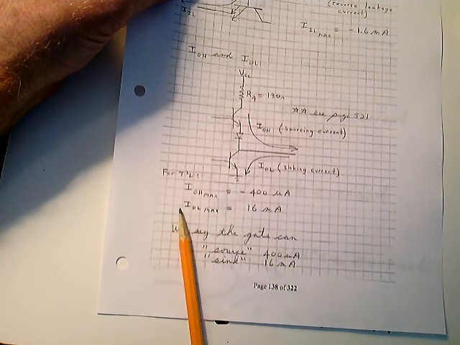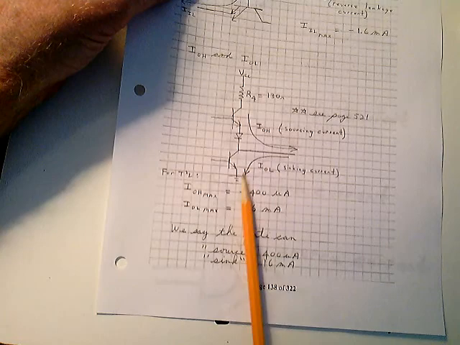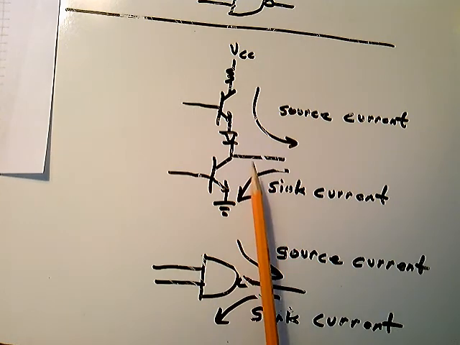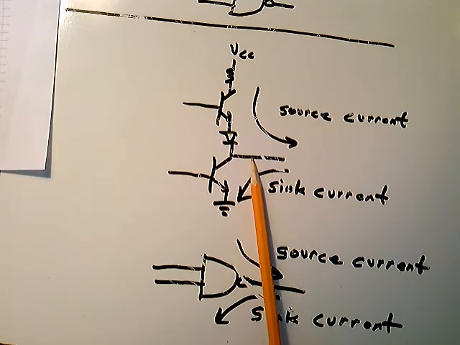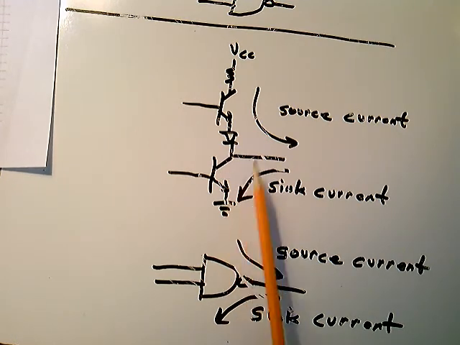Low level output current, this current that's coming down and being sunk to ground. When you think of IOL, you think of this current right here, the sinking current. When this is low, how is this low? This is low because this transistor is saturated, pulling this line low, and that current's going to flow down this way. It's a sink current.